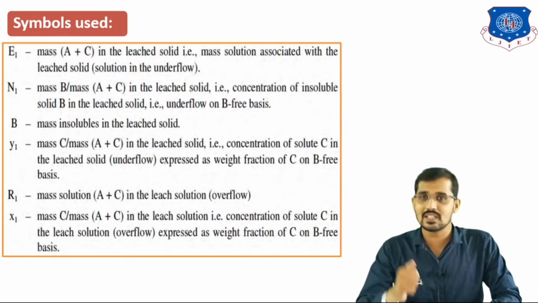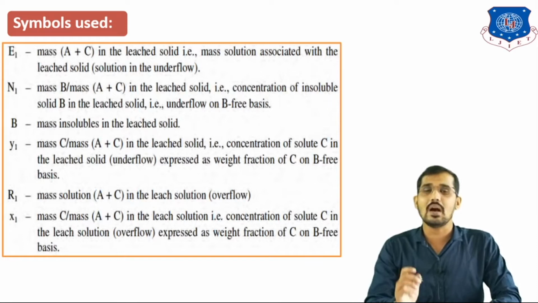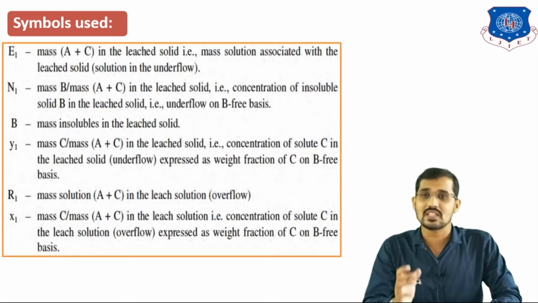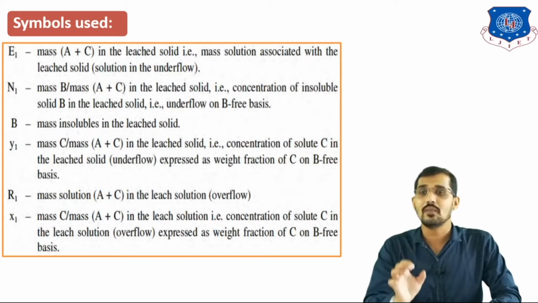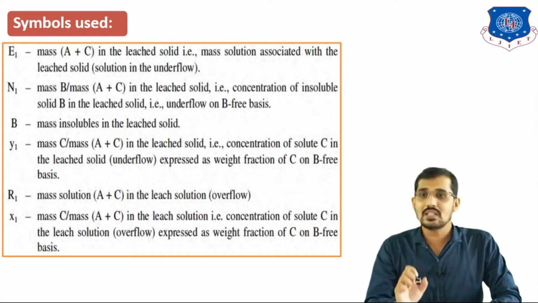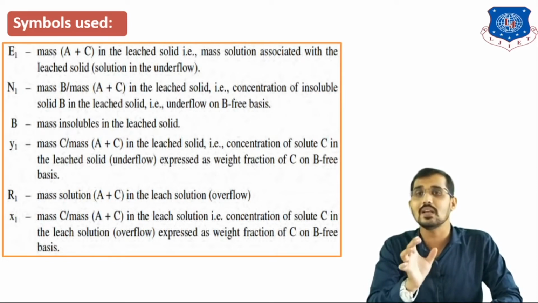After that, the next symbols in the outlet stream. E1 is nothing but mass A plus C in the leached solid. Leached solid is nothing but your underflow, so mass A plus C is your underflow. You can see the mass of solution associated with the leached solid is the solution in the underflow. After that N1, this is the insoluble fraction in the outlet stream. I told you insoluble is nothing but inert solid.